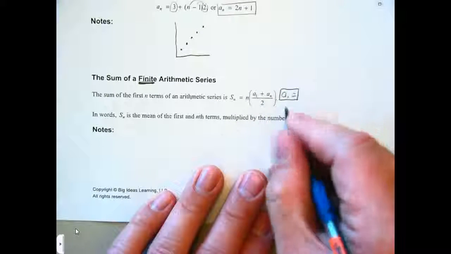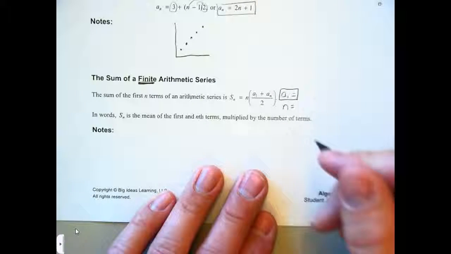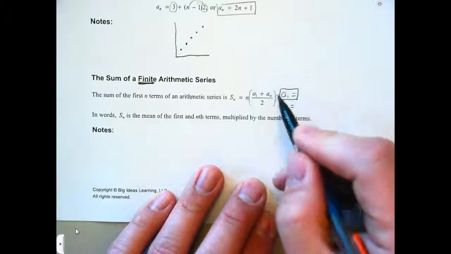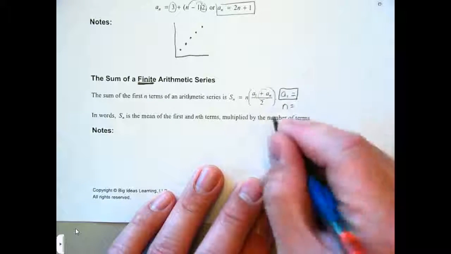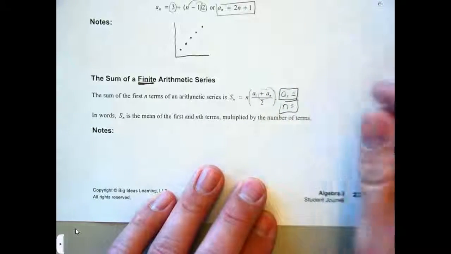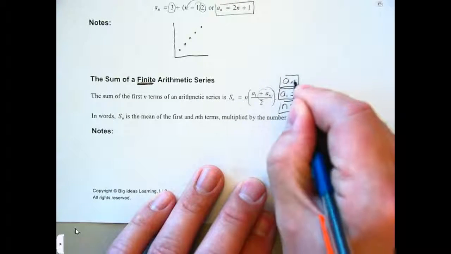We also need to know n, how many terms. If there are 10 terms, then n is 10, and we'd have to know a sub 10. So technically we would need to know the last term as well. Yeah, good point. So three different things we need to know there.